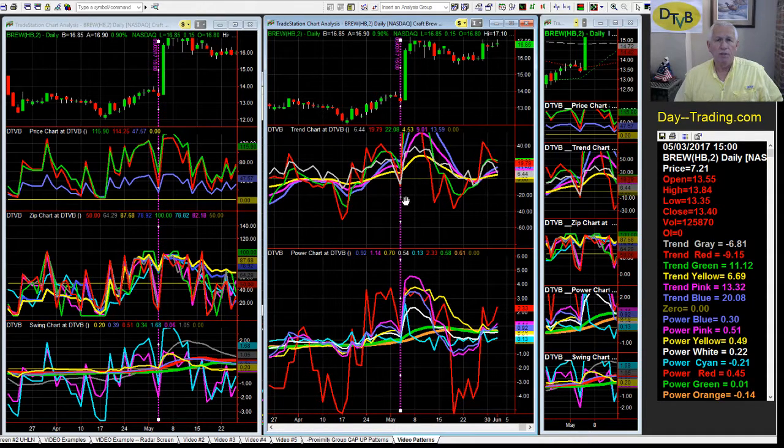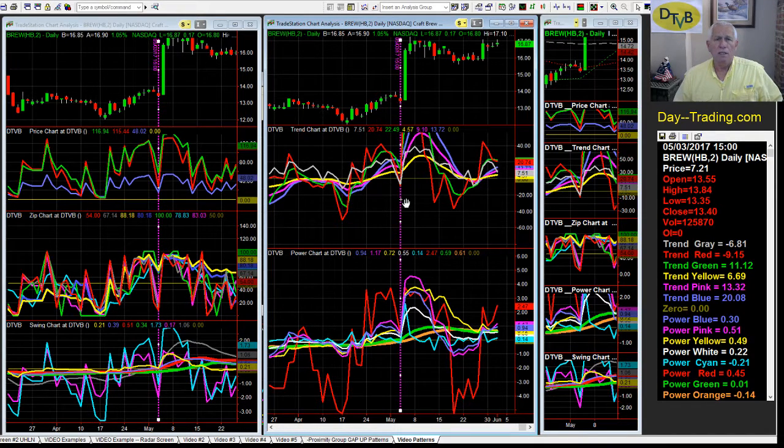In the down touch category, the trend red, green, and gray can down touch the three trio lines, trend yellow, pink, and blue, or zero, or they can go down under zero. If they go down under zero, then they do it on the same day that they cross under zero, and that next day is a reversal back up.